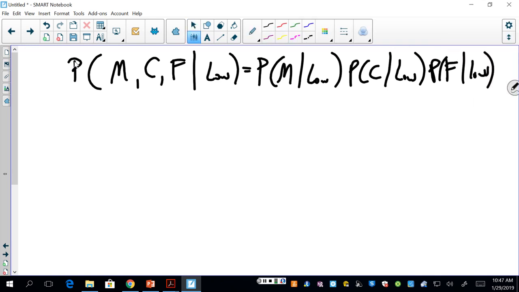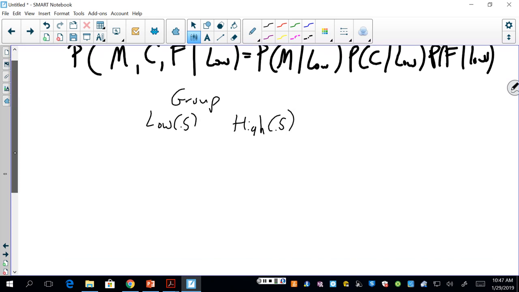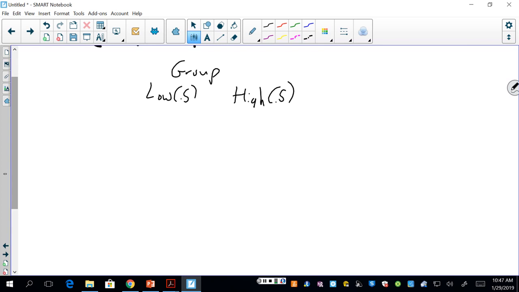So there's a low activation group and a high activation group, and these are both about 50% of the sample, right? The motor response had a low or high category, right?